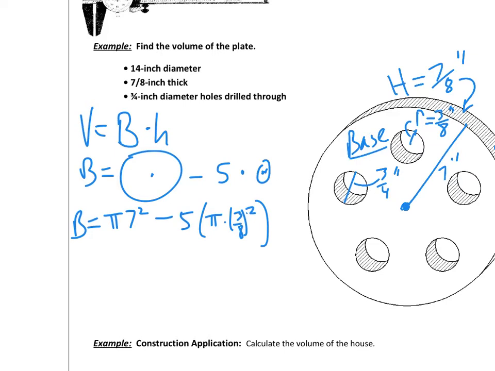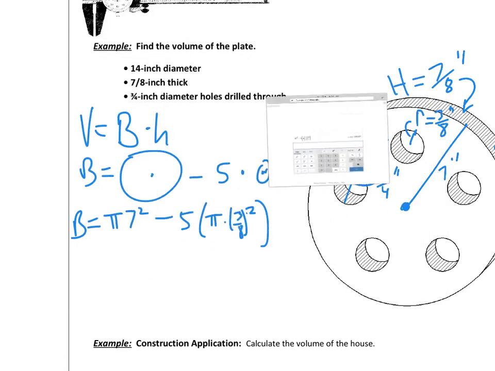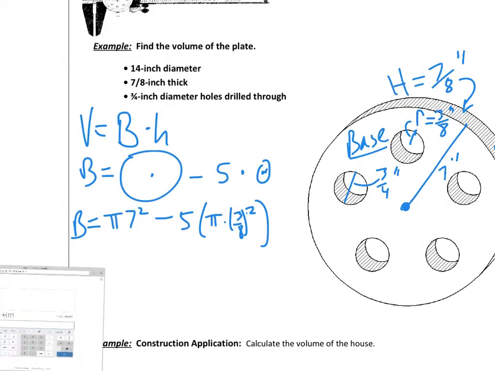Okay, so we're going to go to our calculator, punch that in, and see what we get. And we get 151.729. Watch out when you do this 3/8 squared, you get that in parentheses. So, 151.729. We'll tuck that away for now.